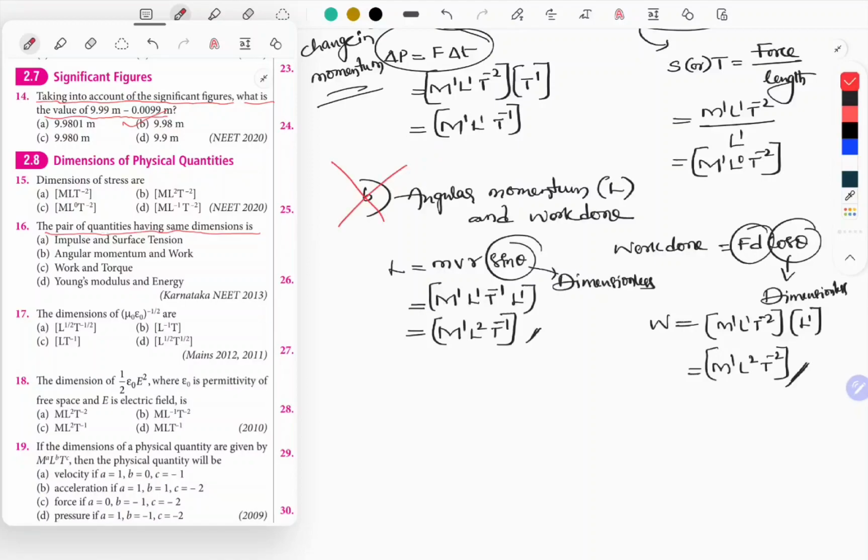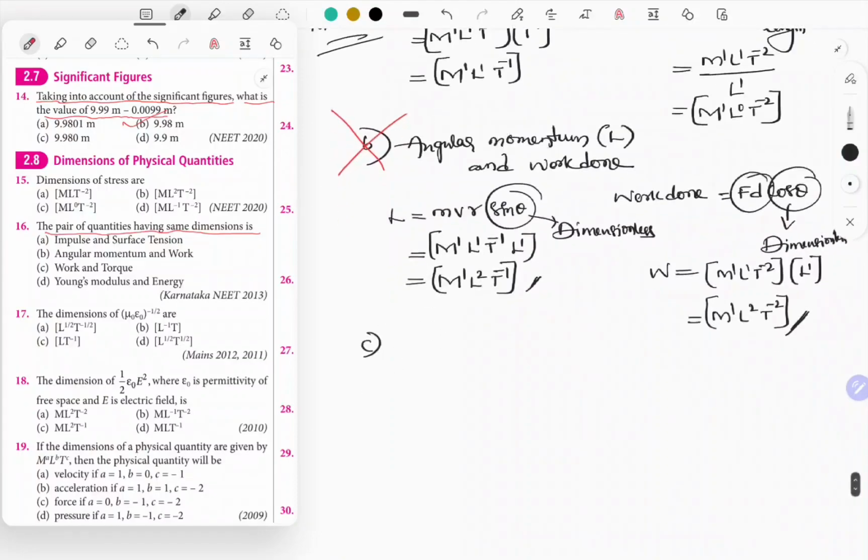The question they are asking is a pair of quantities having the same dimensions. So the first option and second option are not correct. Let me check option C. They're asking work and torque. Okay, torque is nothing but a rotational force.